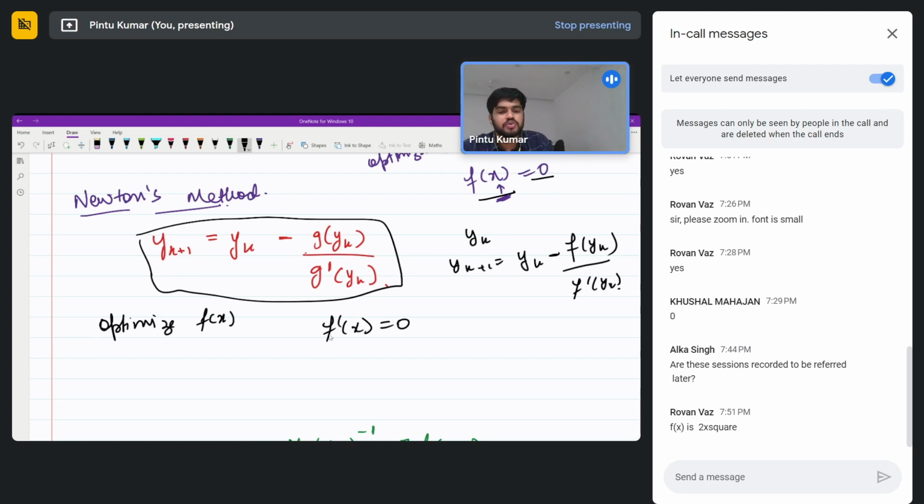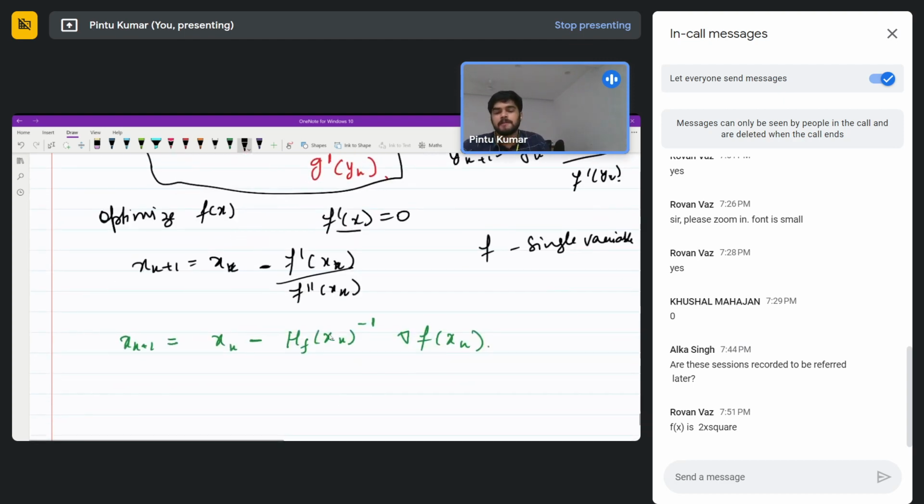Let's say you begin with some point xk, then xk plus 1 is given by xk minus f dash of xk divided by f double dash of xk, when f was a single variable function.